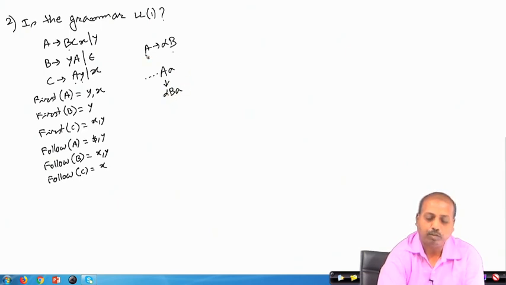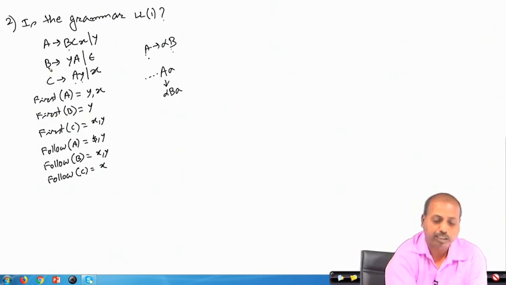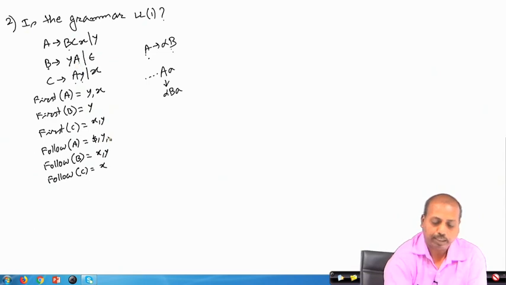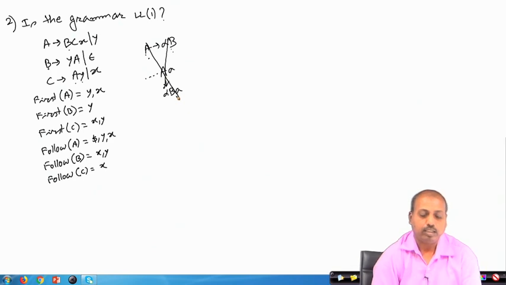So, whatever is in follow of A can be in follow of B. So, follow of A has got dollar, and whatever is in follow of B can be in follow of A if we go by this rule. Follow of B has got x and y, so that will come to follow of A also. So, x will also be added here. So, this is the situation.